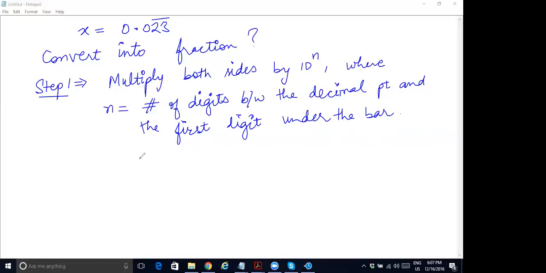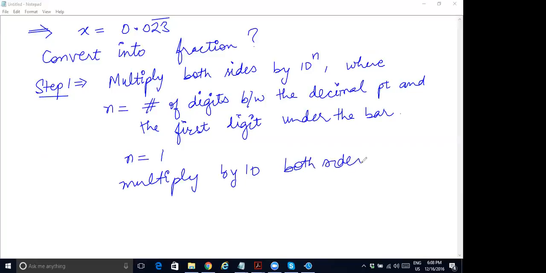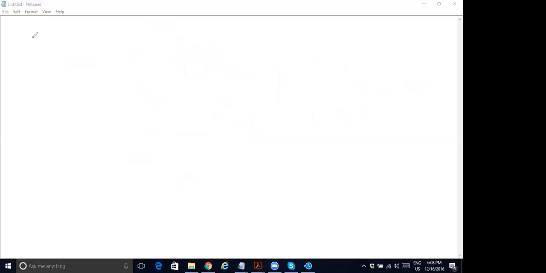In the example that we are doing, n is equal to 1. Therefore, multiply by 10, so it becomes 10x is equal to 0.23 bar. That is your equation 1.